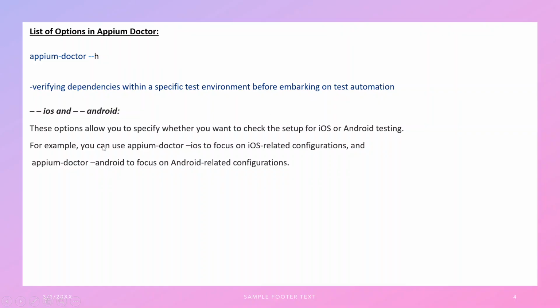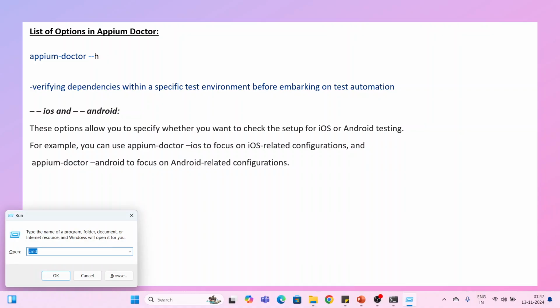That is, if I use iOS and Android, I can check the setup for iOS and Android. Let's see how you can verify that my Android test setup is done properly or not.